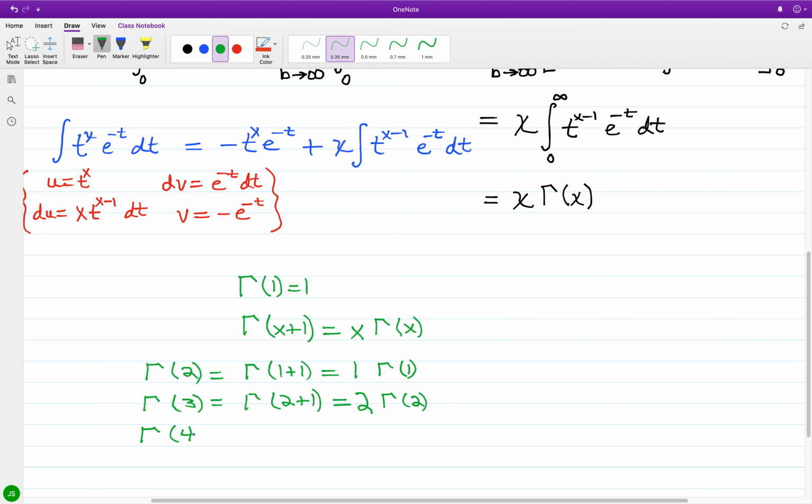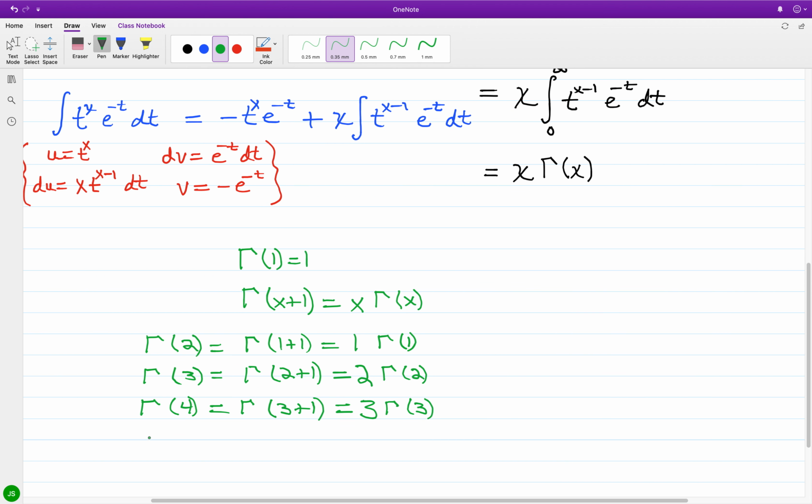For gamma of 4, I have gamma of 3 plus 1, so I have 3 times gamma of 3. If we go to gamma of 5, this will be equal to gamma of 4 plus 1, which is 4 times gamma of 4. All right.